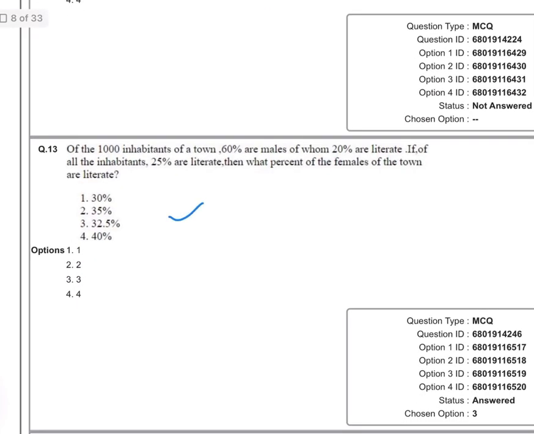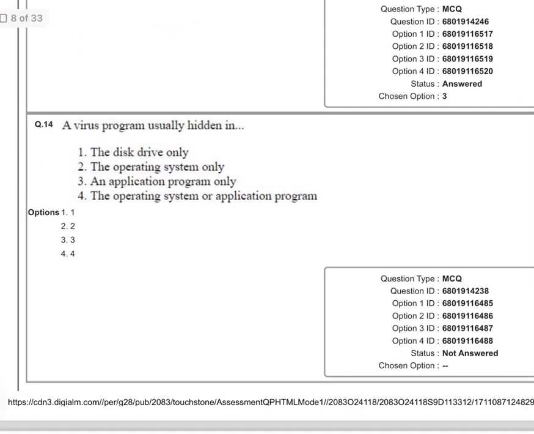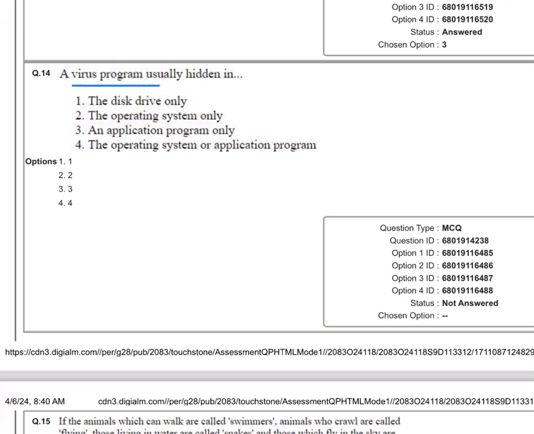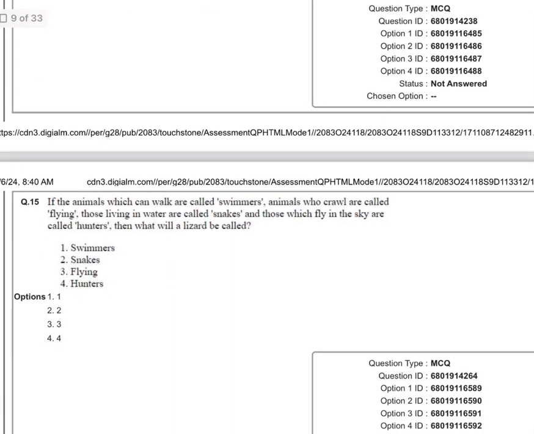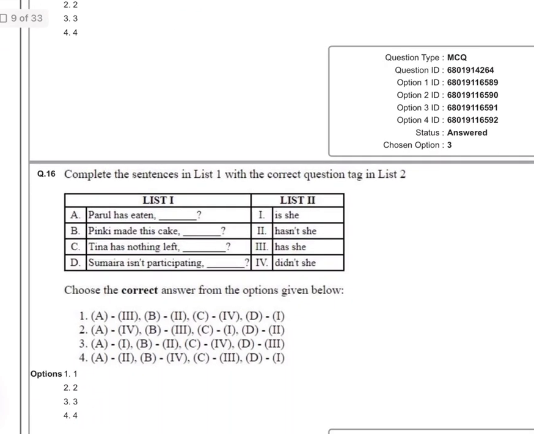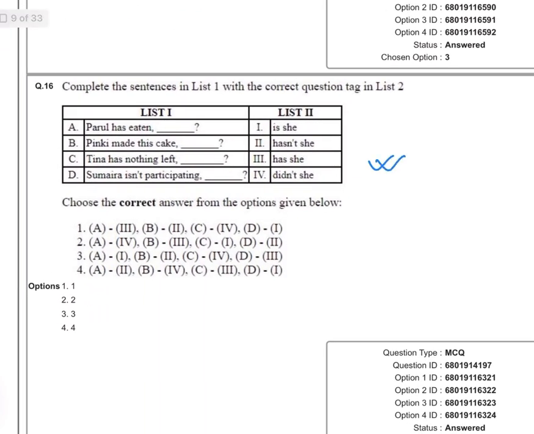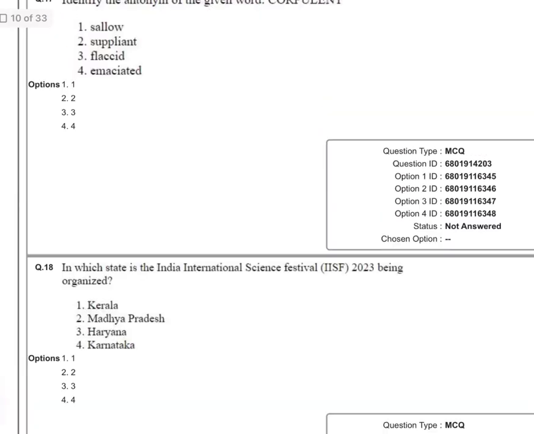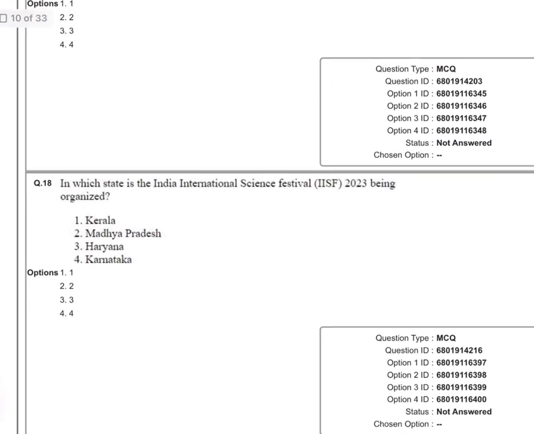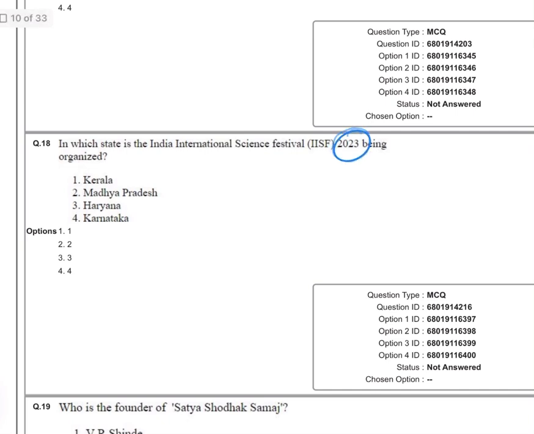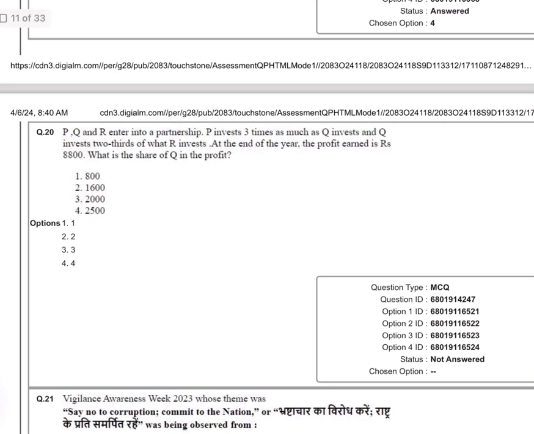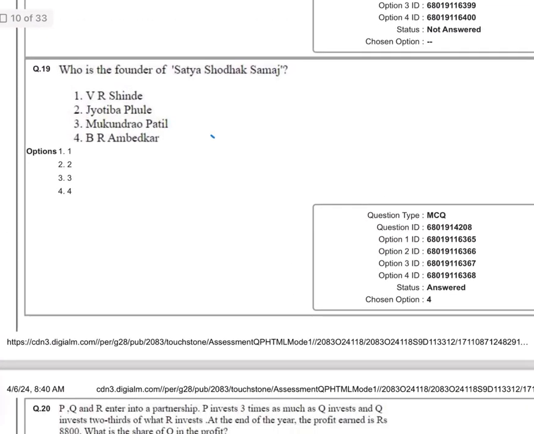Here it is a part of your basic mathematics, basic numeracy. Virus program, it is your computer subject. This is reasoning. This is your English grammar, antonym. This is current affairs. Next thing is who is the founder of Satyashodak Samaj, that is history, that you will get from Lucent.